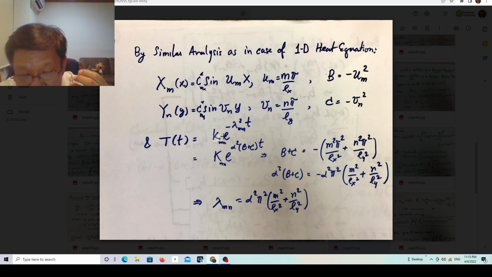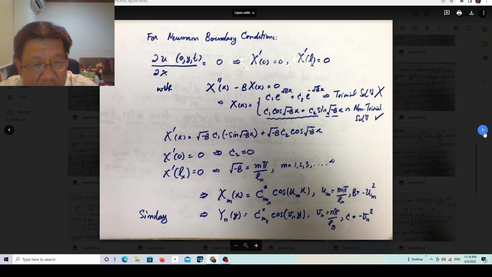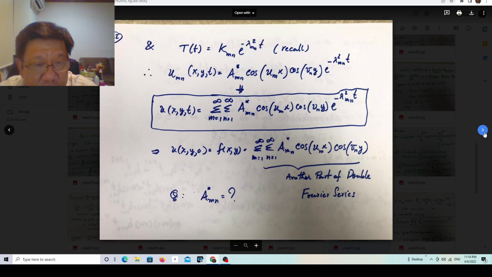As you might remember, if you just find the derivative, it repeats itself. It does not alternate from sine to cos or cos to sine, like a sine or cos function. So this is how the T looks now. Therefore, the u function of m and n, evaluated at x, y, and t over here, becomes another constant we call A star mn.